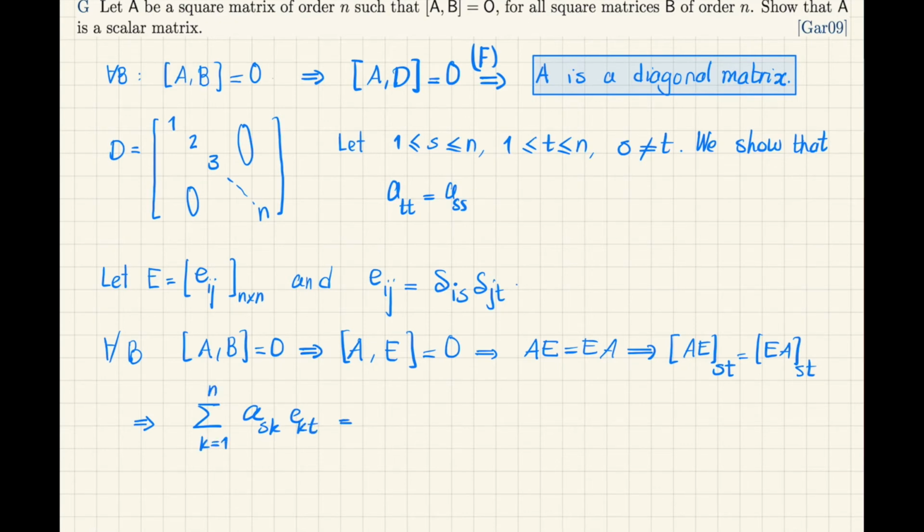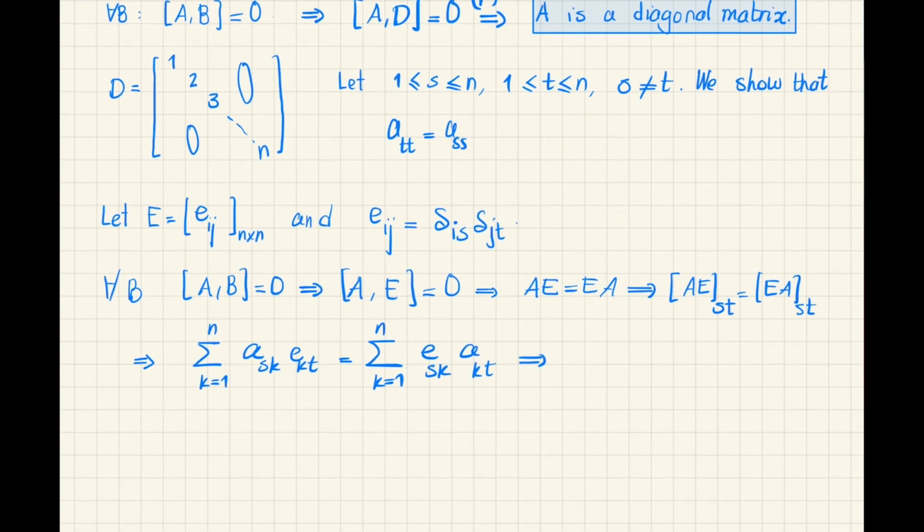On the right hand side I can write another sum: e here, a here, with the e indices starting with s and then ending with the counter of the sigma, again k, and then kt. Now let me replace what I know about the e entries. So the sum over k from 1 to n of a sub sk, but what can I write instead of e kt?